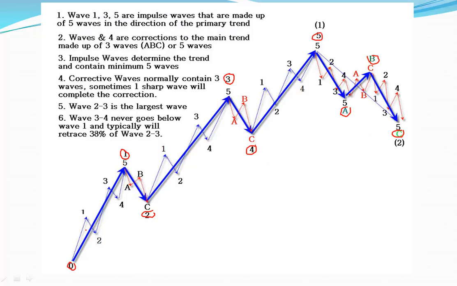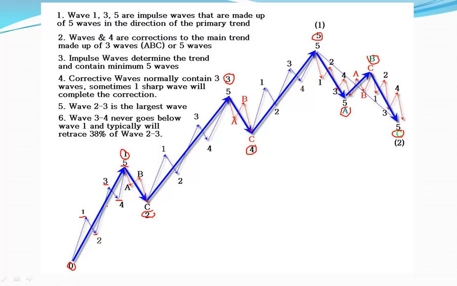Now, this is a big primary trend, the big trend up. Each segment from 0 to 1, from 2 to 3, and from 4 to 5 will have its own little series of mini swings and its own five waves. The 1, the 3, and the 5 are impulsive.